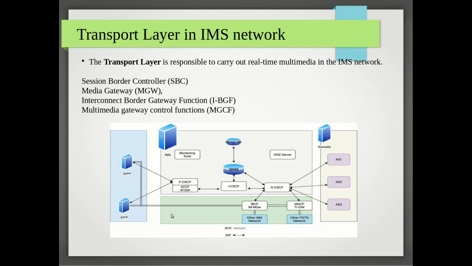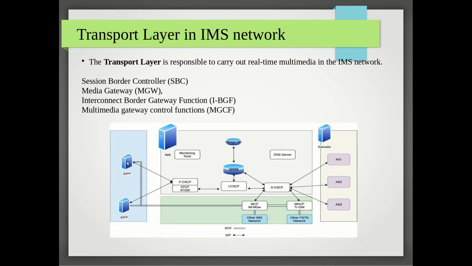Some elements in this layer are SBC, session border control, media gateway, interconnection border gateway function for connecting with other IMS networks, and media gateway control function for connecting with other PSTN networks. In the left blue box, we have some call makers.